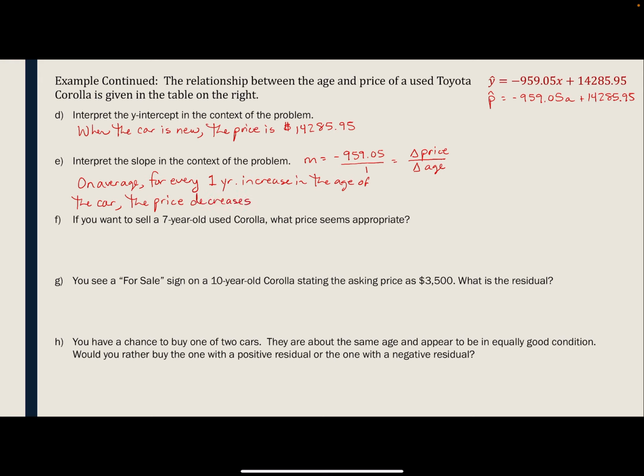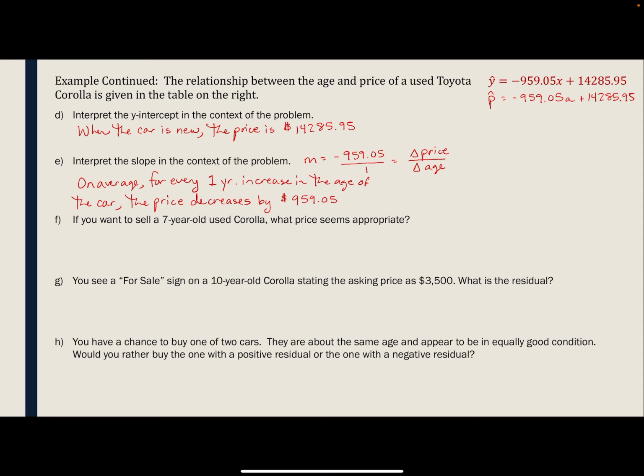We have a negative relationship here. So the price decreases by 959.02. Because I'm writing the word decreases, I'm not including a negative sign.